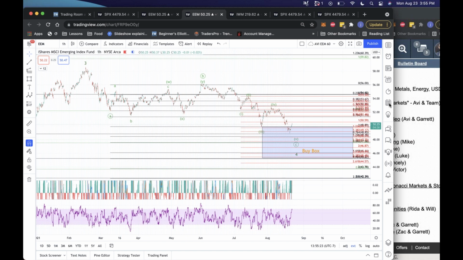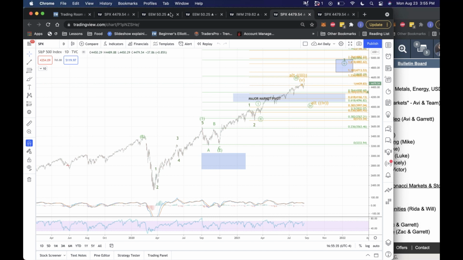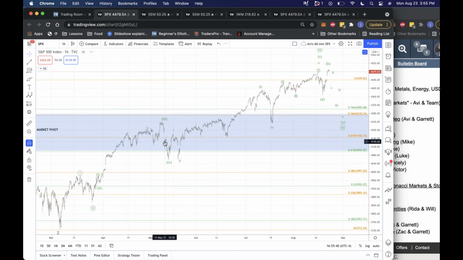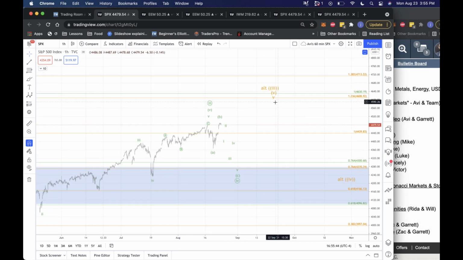Let's see, Jason asks, best case for upside on the SPX before we turn lower, is it 4,500 or 4,600? So we don't really have a super clear pattern here, given that we're in this very protracted ending diagonal here.